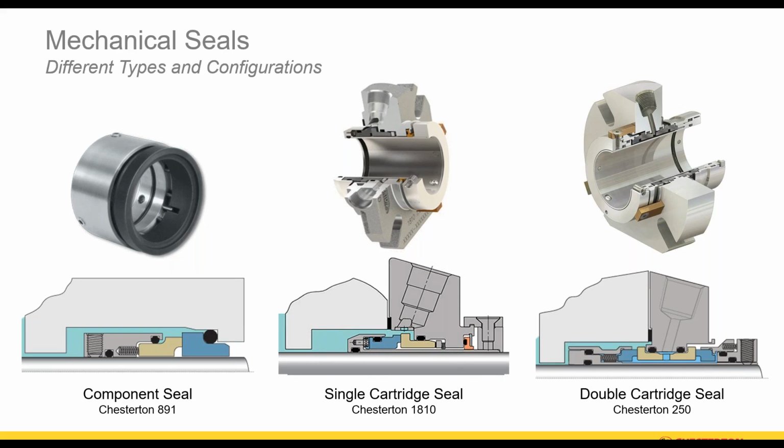But what I'm trying to highlight here is if you look at the internal cross sections, they're fundamentally all the same. A mechanical seal is a device where you have a face that is rotating against a stationary face, and that's creating that mechanical seal.